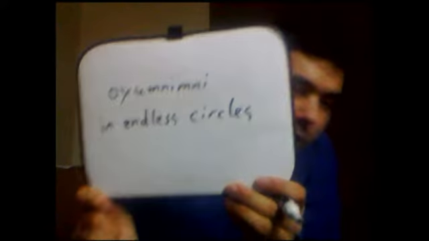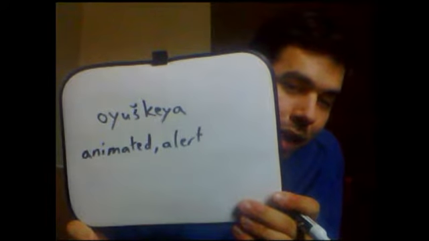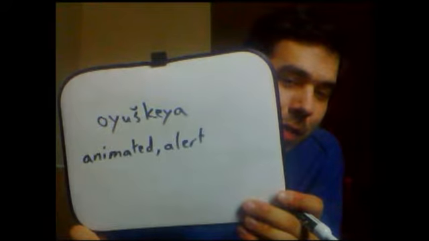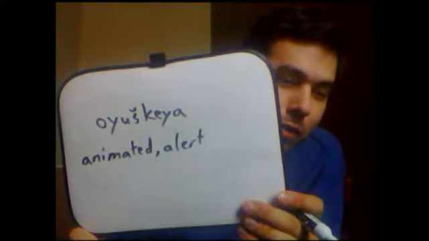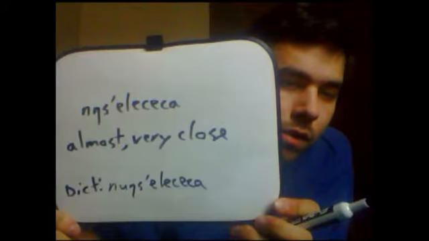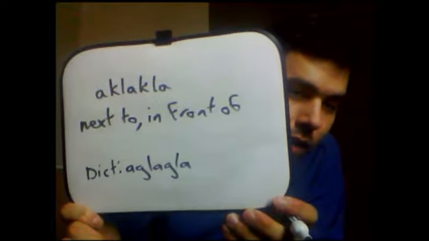Oyumanimani, in endless circles. Oyushkea, animated, like in the way you'd say, oh, that person has a very animated personality. The other use for this is alert. Atayash, entirely. Nos elachecha, almost or very close. Oglala, next to or in front of.